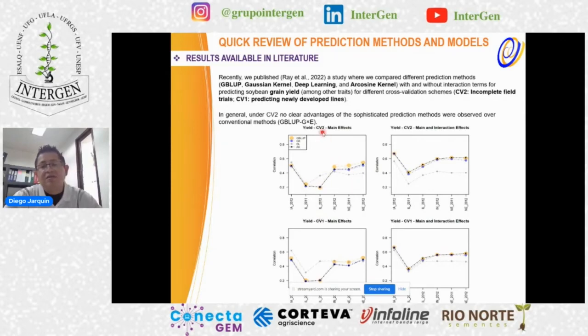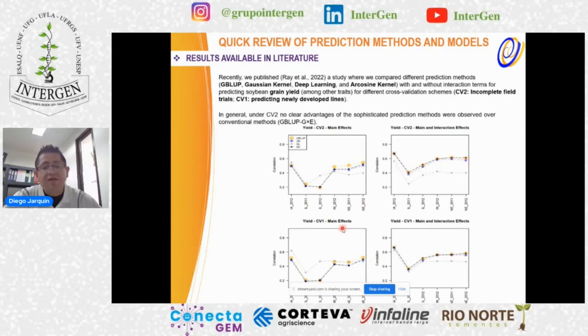This is what we call CV2. We have in orange the GBLUP model and in gray the deep learning method, for a direct comparison. When we don't include the interaction between genotypes and environments, deep learning does a good job in some of the environments, but not in others. However, when we include these interactions, it's clear that the methods based on covariance structures outperform the deep learning method.